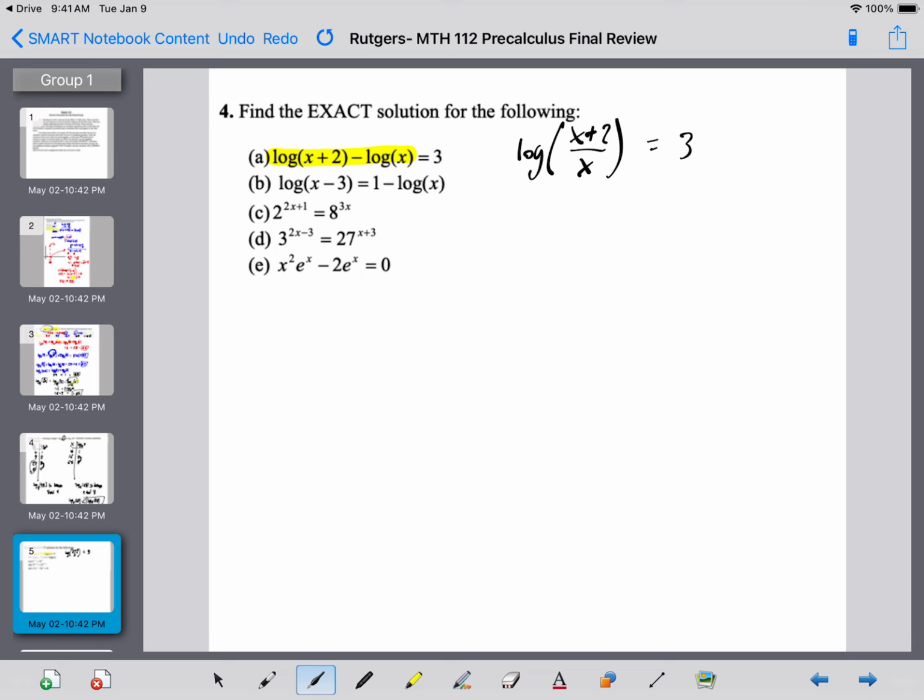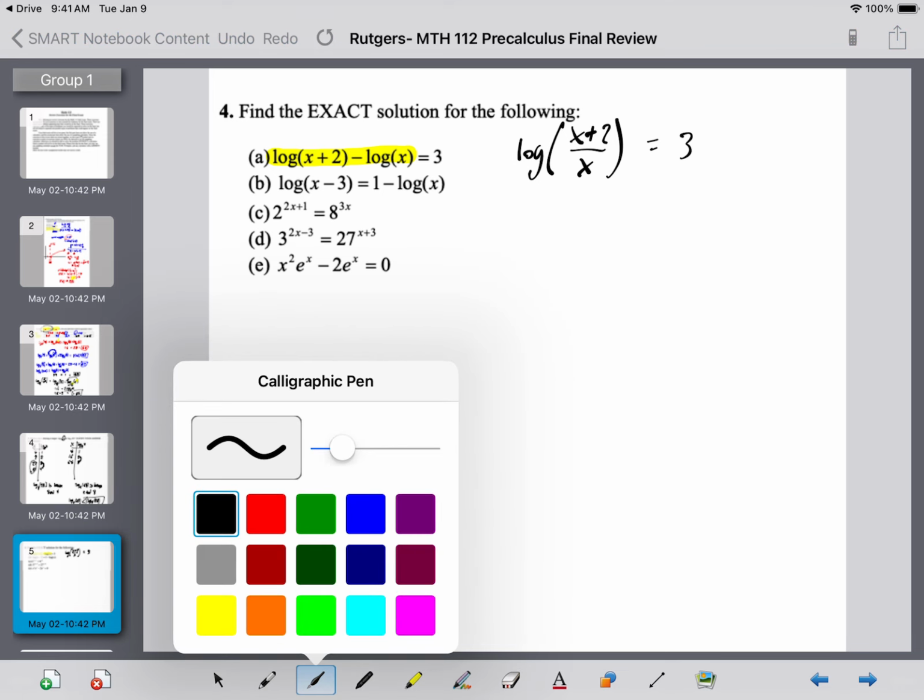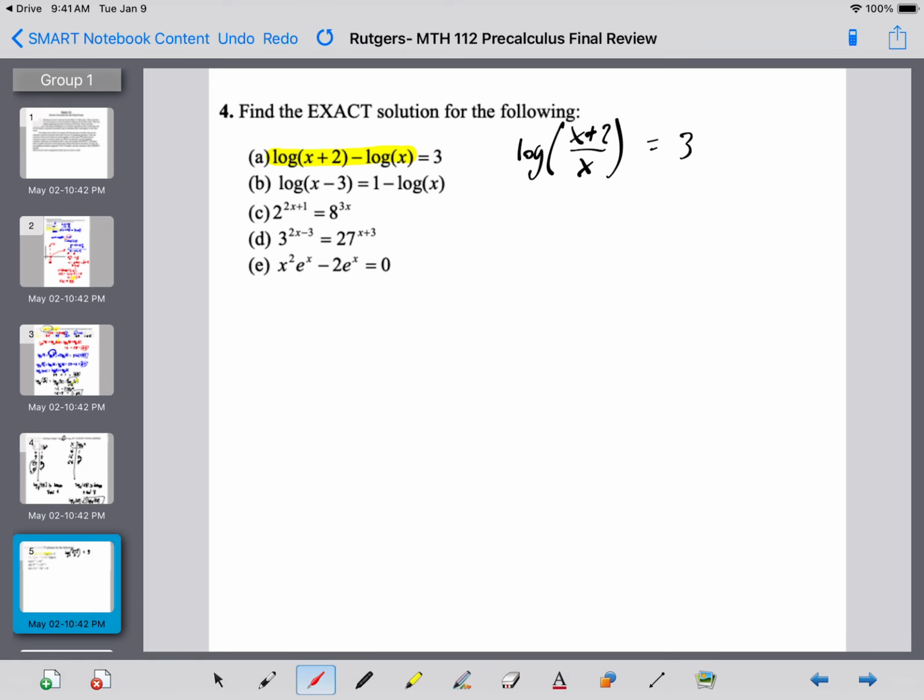And then a log without a base shown is called your common log. That would be base 10. So the inverse of log base 10 is going to be 10 to the x. So I have x plus 2 over x equals 10 to the third.